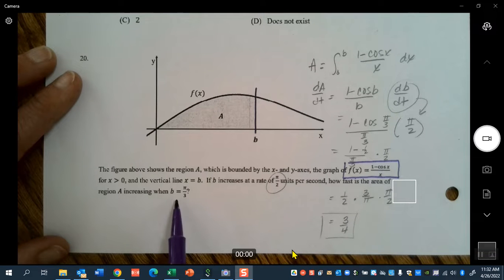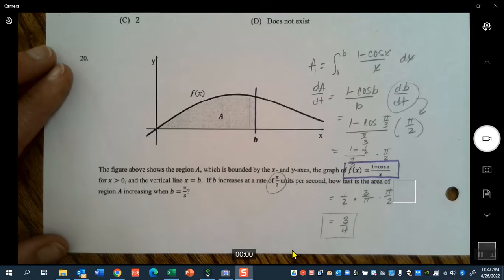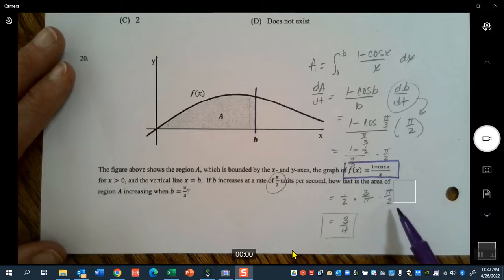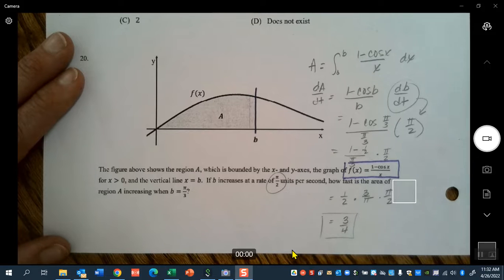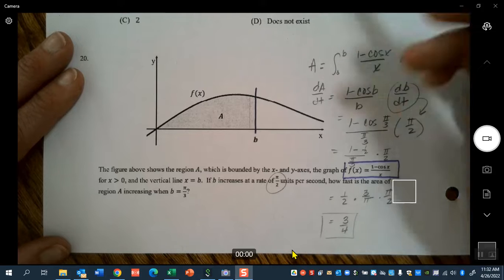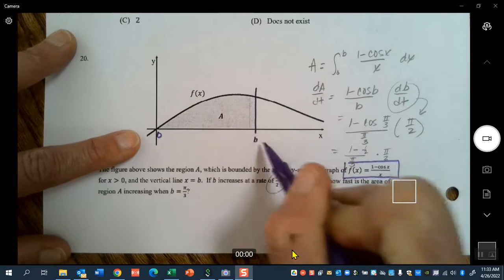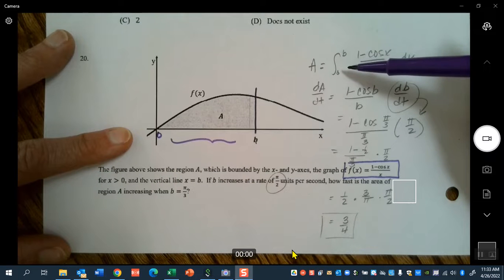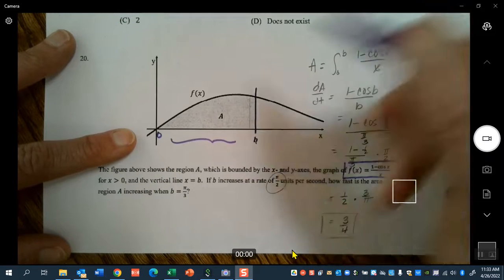If b increases at a rate of pi over 2 units per second, how fast is the area of the region increasing? So this goes back to those related rates problems we were doing, where we were looking at how fast our function is changing. So our area under the curve is equal to the integration from 0 up to b. This is what we're talking about when we're talking about the sum of all the little rectangles.